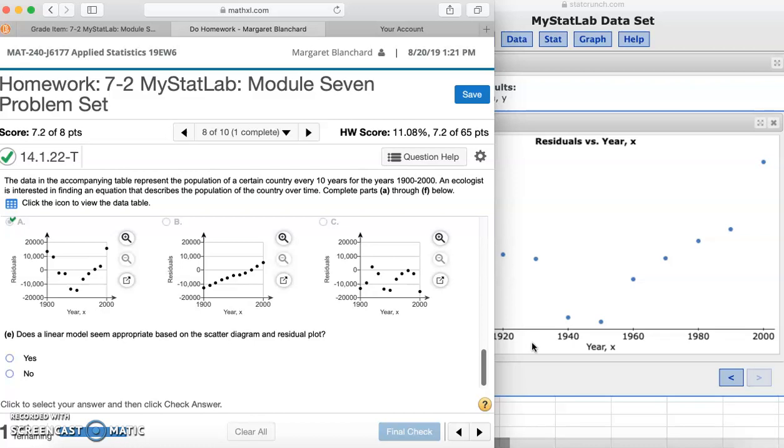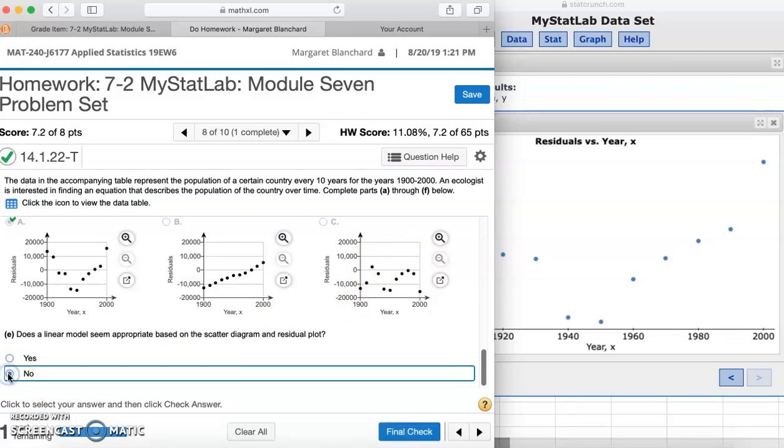So even though there's a linear relationship based on the hypothesis test above, it's not appropriate because the residuals have a pattern. See here in option C from the last one, it was pretty scattered. If those are the results we saw, it would be more appropriate, but that's not what we saw. So the answer here is no.